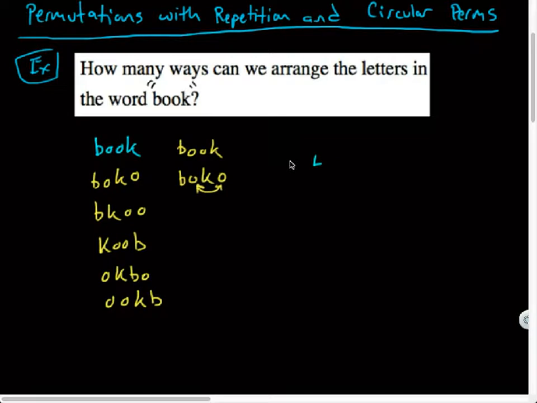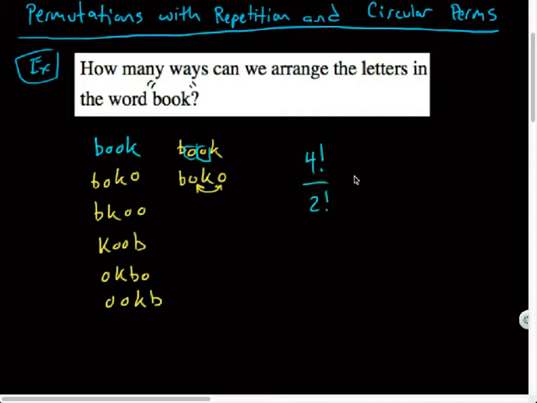You could have also thought about that as permutation 4-4, but we'll just call that 4 factorial. And now question, how many ways could I arrange 2 letters, specifically the 2 O's? That would be permutation 2-2 or 2 factorial.